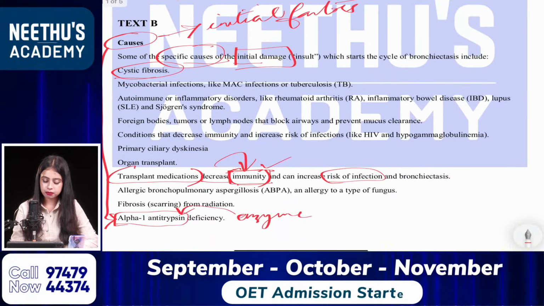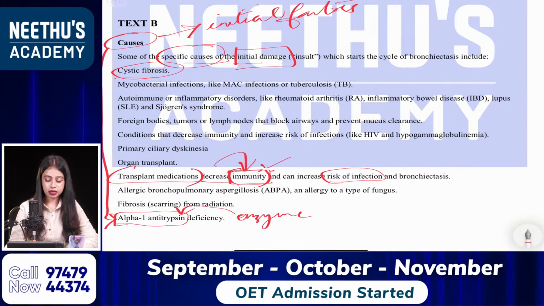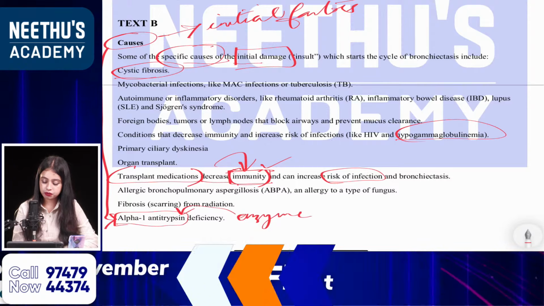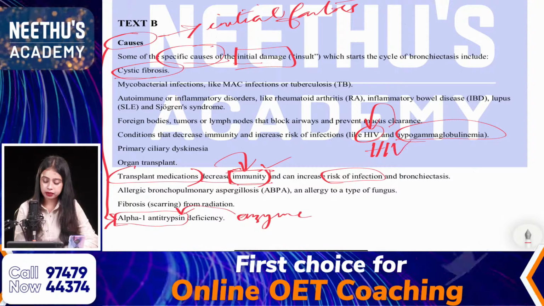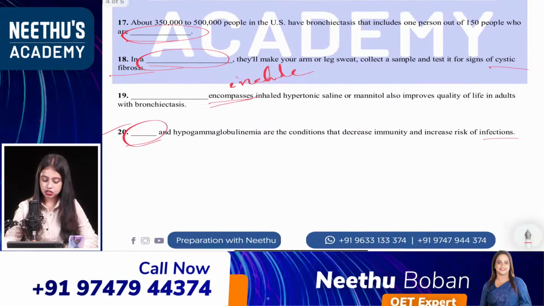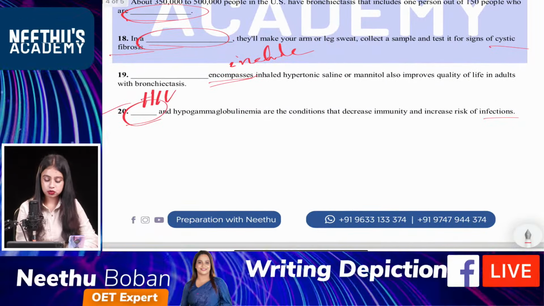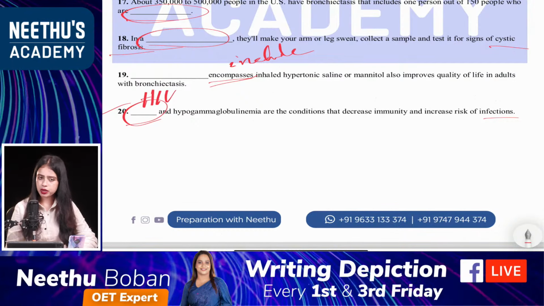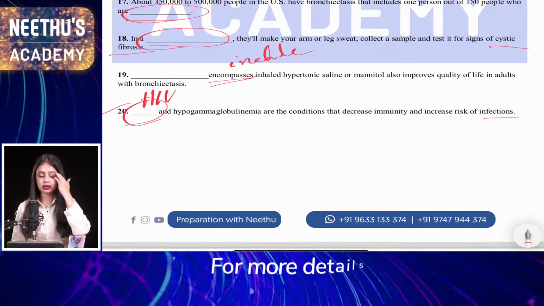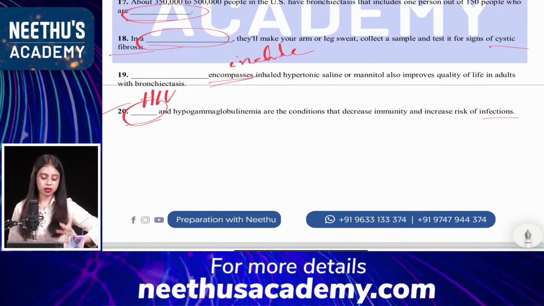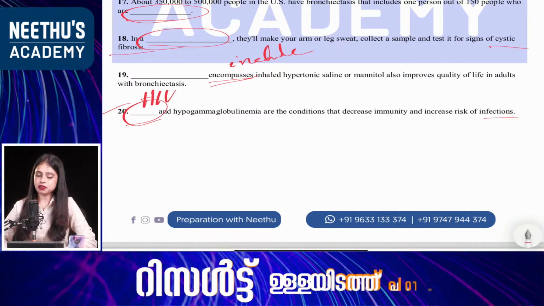Okay, answer is from text B. Yes. So this is one of the keywords from the question. And what? So the missing word is HIV. So answer is HIV. Okay, so that is the correct answer. So anyone with 20 out of 20? Yes, Aisha, it's from text B. Okay, dear. Okay, so anyone with 20 out of 20?